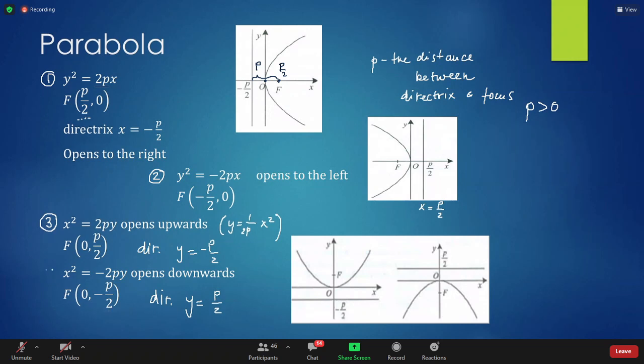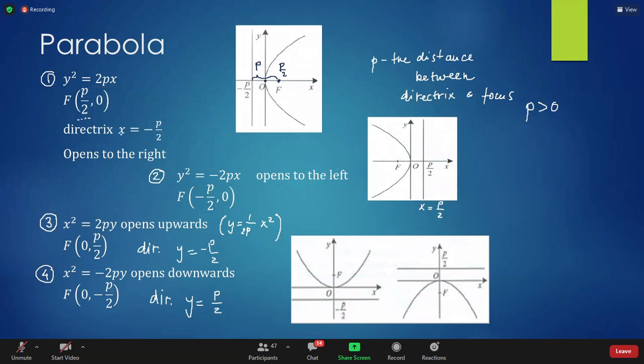And last time I also mentioned a way to tell which equation corresponds to which graph, or which parabola corresponds to which equation. We notice that one of the variables has a square and the other one does not have a square.